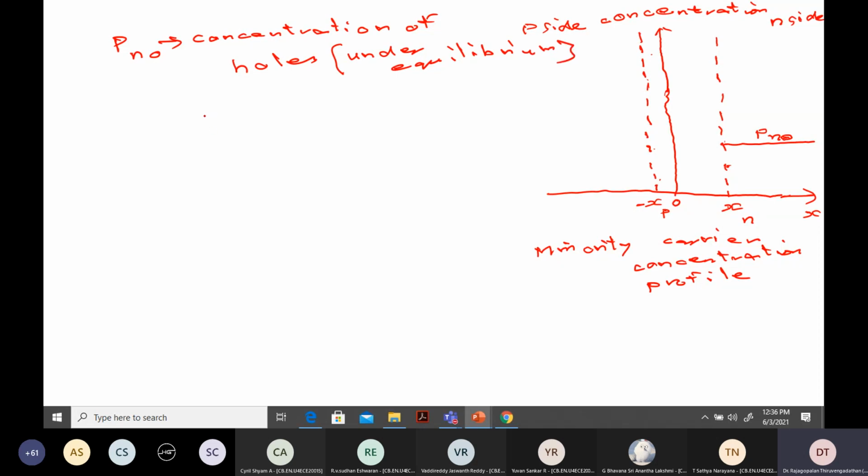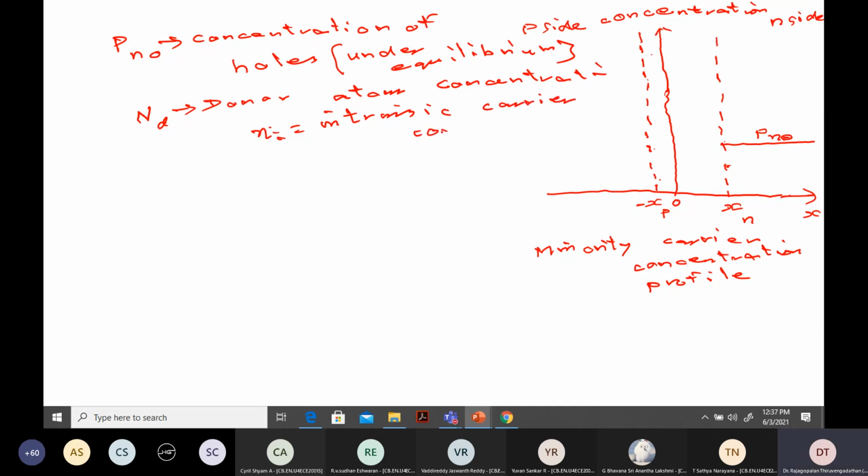If Nd is the donor atom concentration, and ni is the intrinsic carrier concentration, we know what p_n0 is. p_n0 will be equal to ni square by n_n.